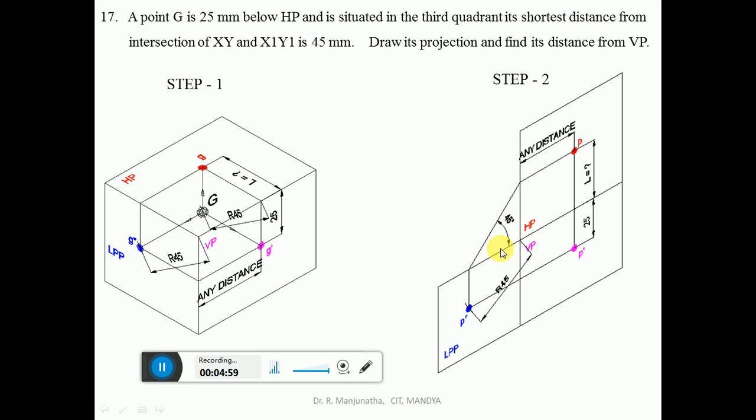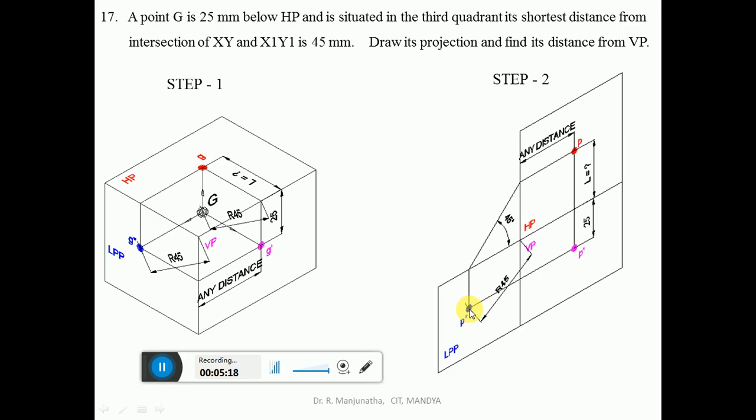So this is the xy line and this is the x1y1 line. The shortest distance from this point to this is 45 mm. Using the compass, measure a radius of 45 and cut an arc on the horizontal projector projected from the front view to the profile view, that is G dash.